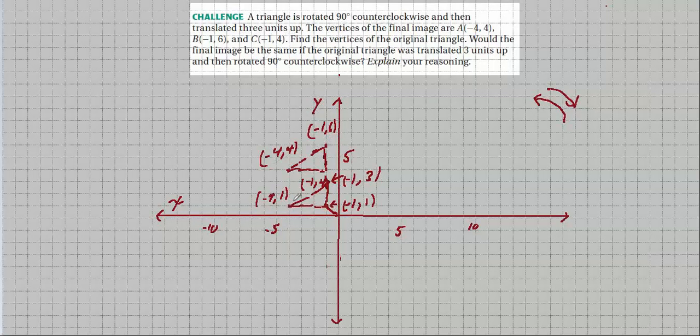I think I've mentioned a few times before, with these transformations, the important thing is to find out where the vertices go. And then, when you've transformed them, connect the dots.